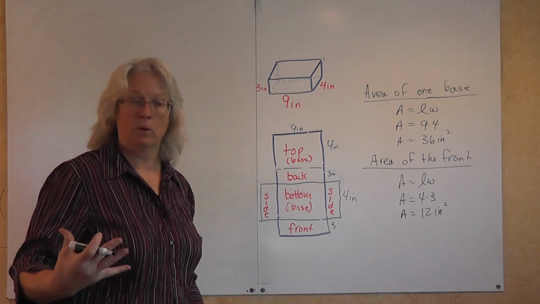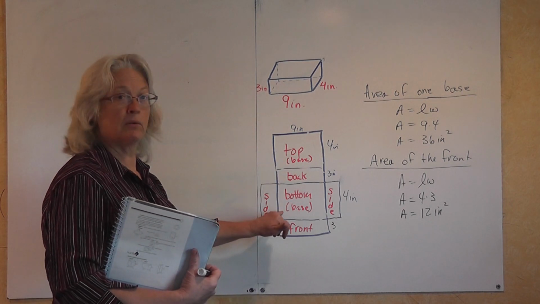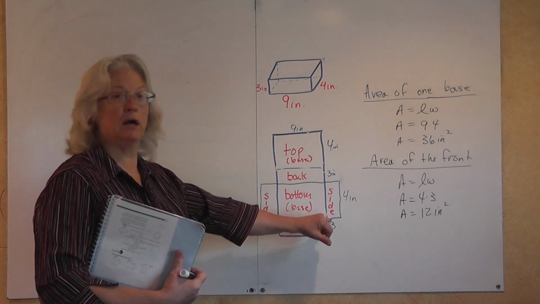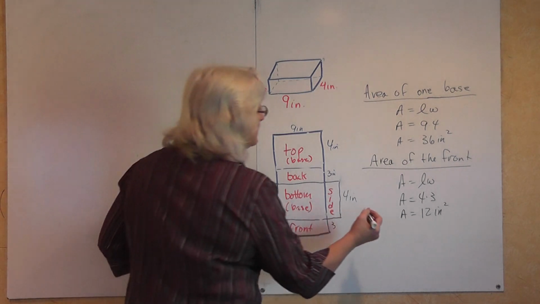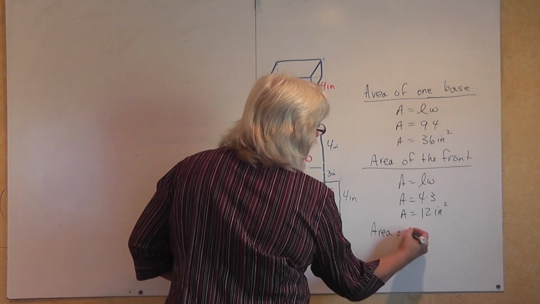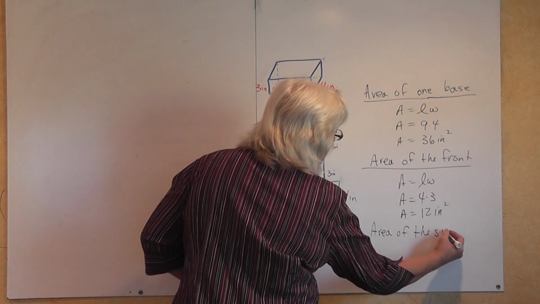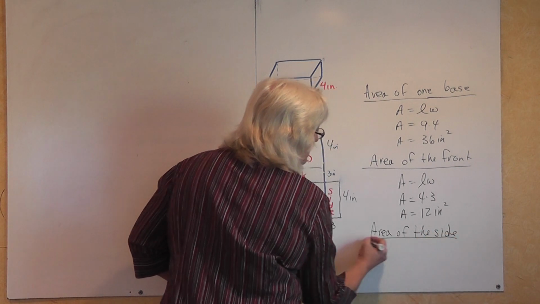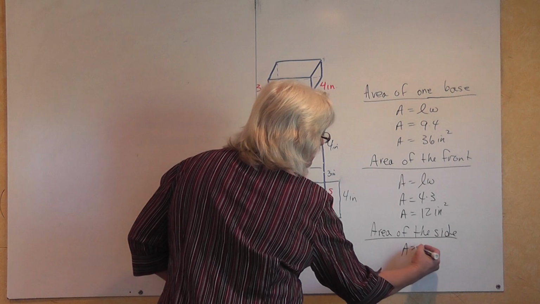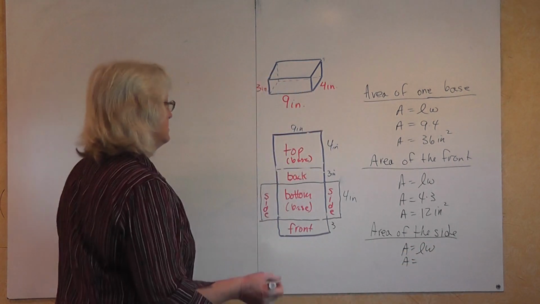Now, so we have the back and the front are the same, the top and the bottom are the same, and then we have the sides. How are we going to find the area of the side? Area of the side, once again, another rectangle. Area is length times width.